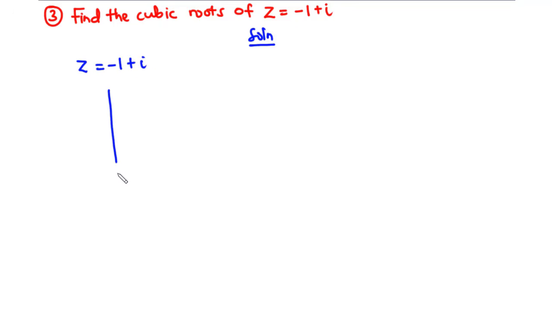So we have z equals -1 plus i. So on the Argand diagram, we have the imaginary axis, real axis. This is the origin. So the x component is -1. Let's assume that this is -1. The y component, we have 1. So this is 1.